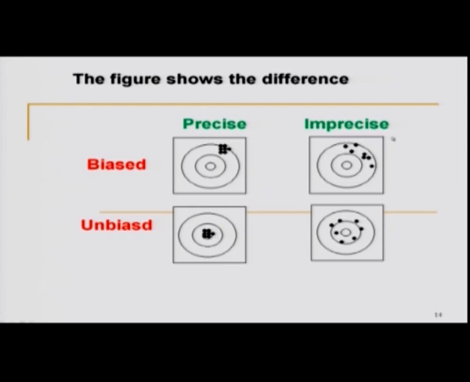In case of imprecise results, the findings are widely scattered, in one case on one side of the truth and in another case on all sides of the truth. When they are scattered around all sides of the truth, they may be unbiased, but they are imprecise. In this case they are imprecise as well as biased. This is the worst situation, this is the best situation. We aim at this, but we have to explore whether we are here or here or here.